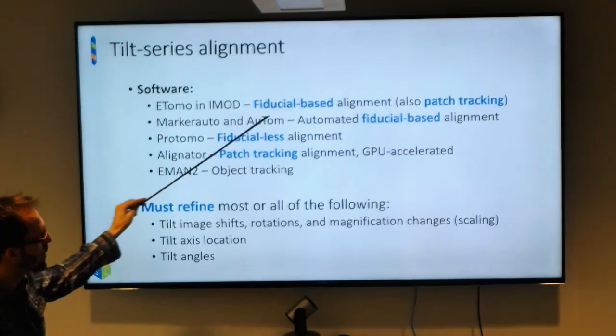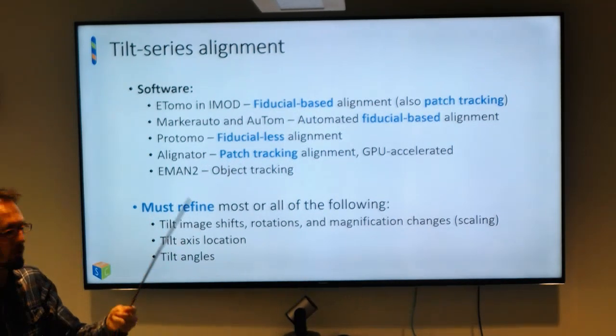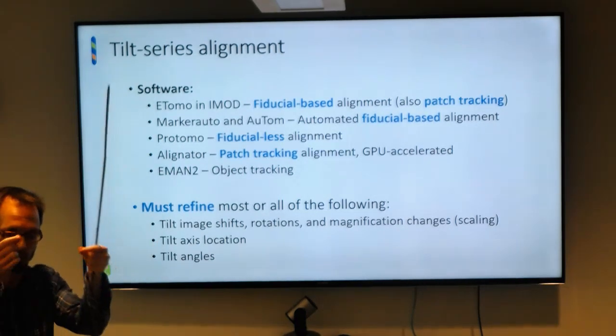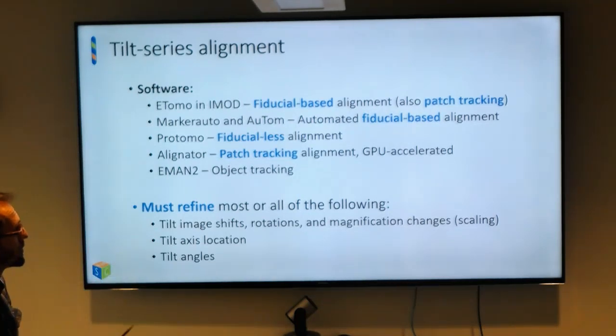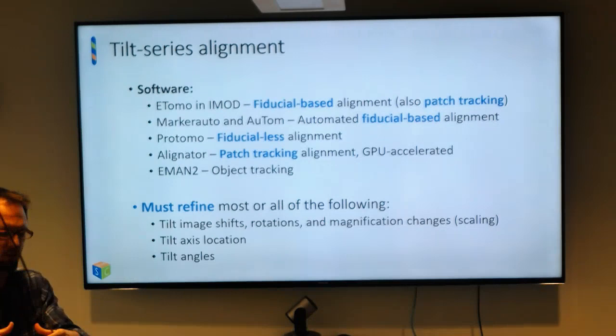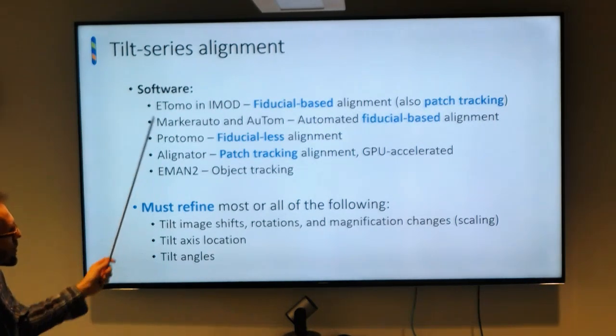eTomo and IMOD also have patch tracking, which is a correlation-based nearest neighbor geometric tracking. Remember, with fiducials, you're just trying to locate the things in 2D and then extrapolate or go backwards into 3D and figure out where those gold beads are. And you can do the same thing in a more remedial way with little patches of your images and try to track the patches of your images. It doesn't work so great.